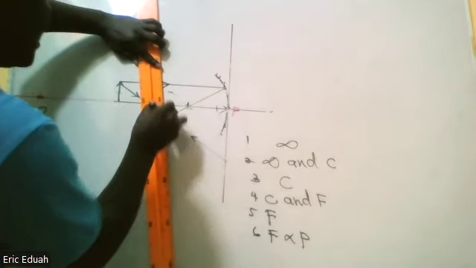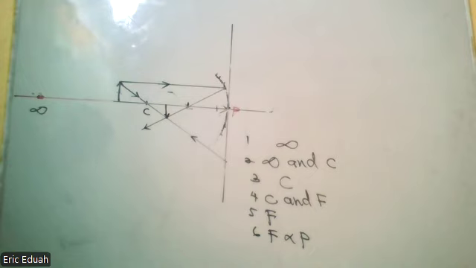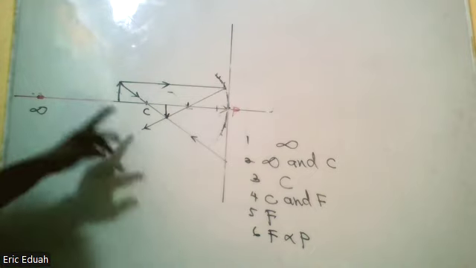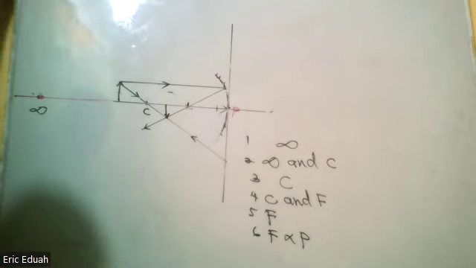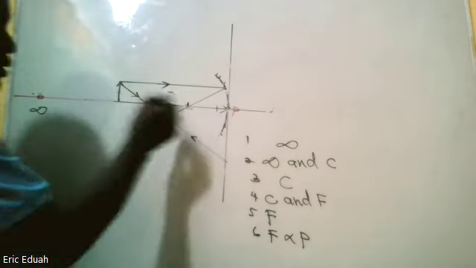So let's describe the nature of the image formed here. It is inverted. It is real. It is formed between C and F.